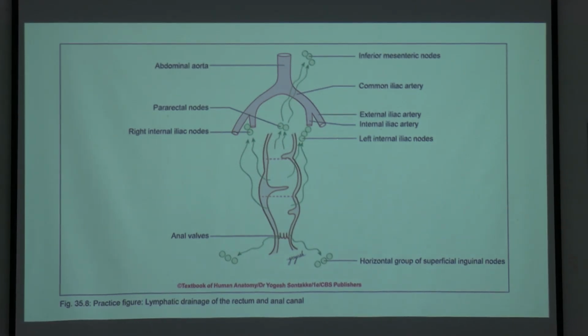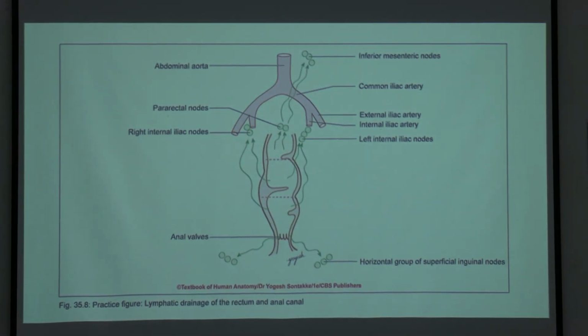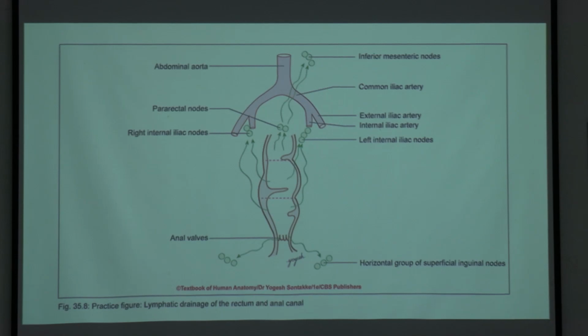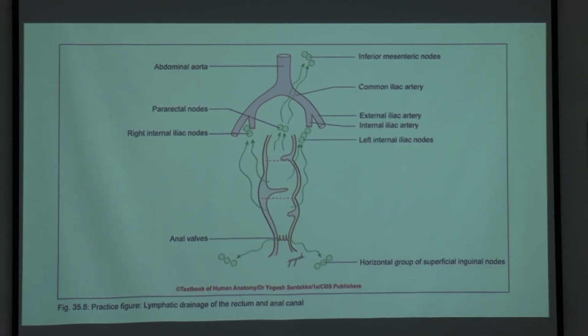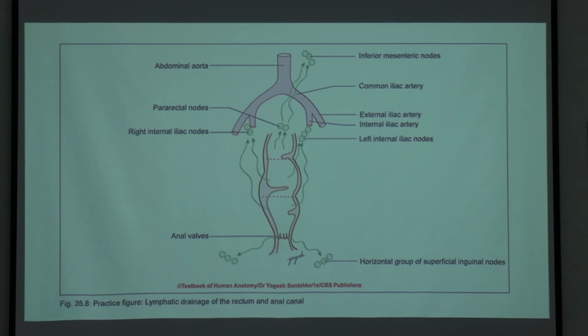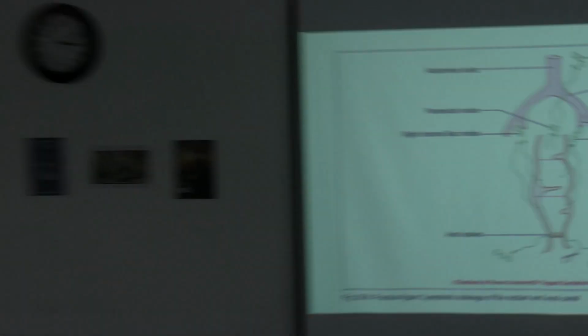It is always hanging over us, all the people who are doing private practice. That means the Consumer Protection Act. So at any point of time, if we miss anything, we are very much answerable to the courts of law. So knowledge of anatomy in this regard is very important.